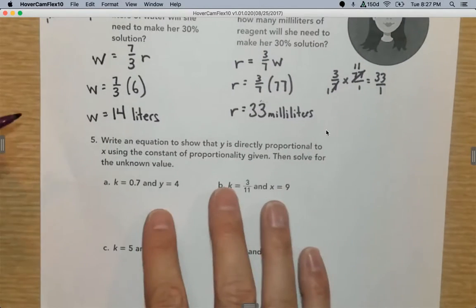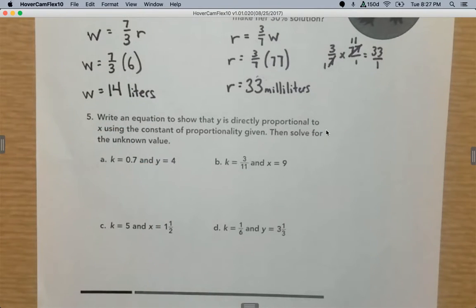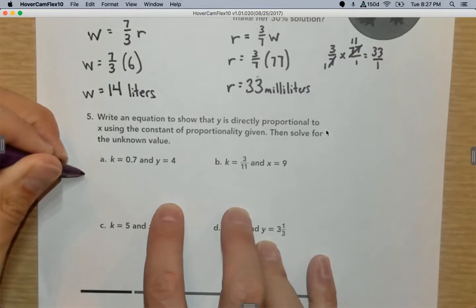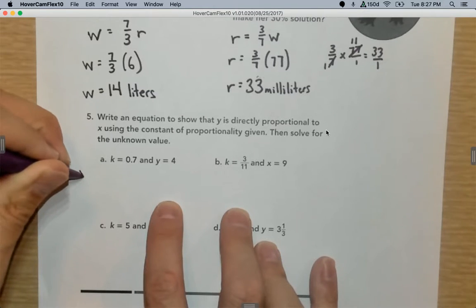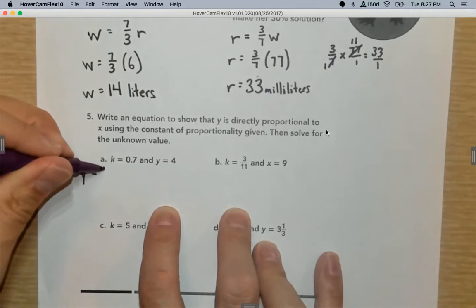Number 5, write an equation to show that y is directly proportional to x using the constant of proportionality given. Then solve for the unknown value. Y would be equal to k times x.